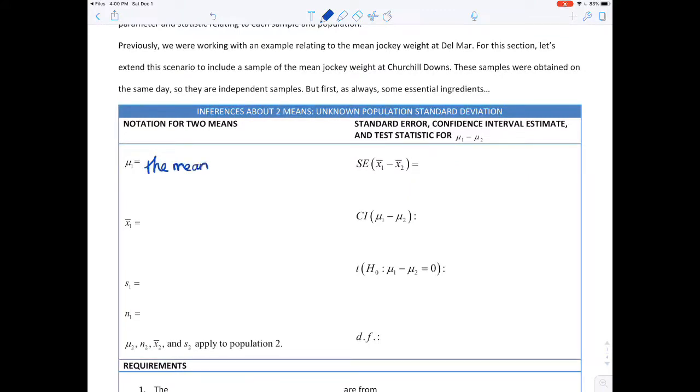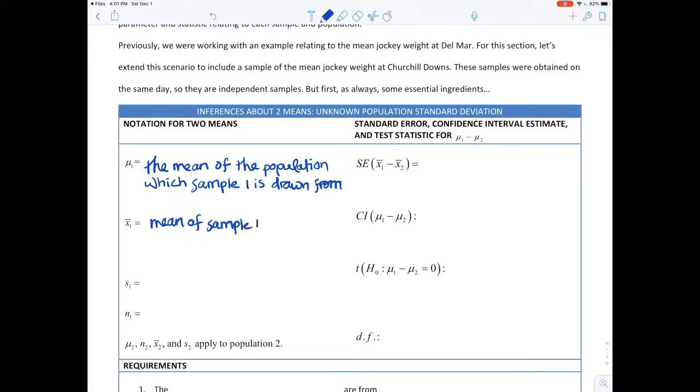Mu1 is the mean of the population which sample 1 is drawn from. X bar 1 is the sample mean, so it's the mean of sample 1, and symbolically you would just sum up all of the values and divide by n1. n1 is the sample size of sample 1.